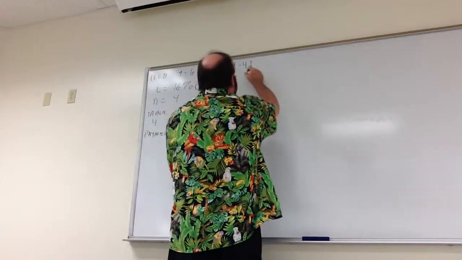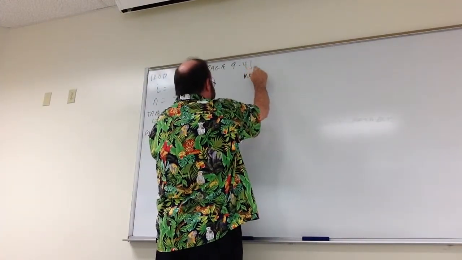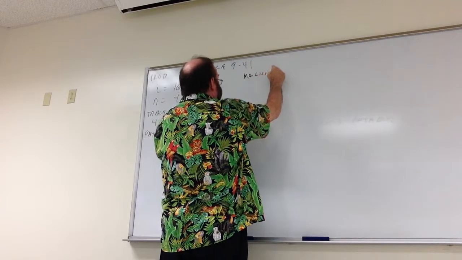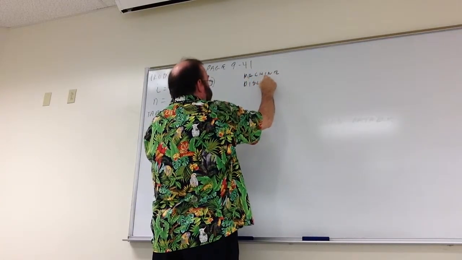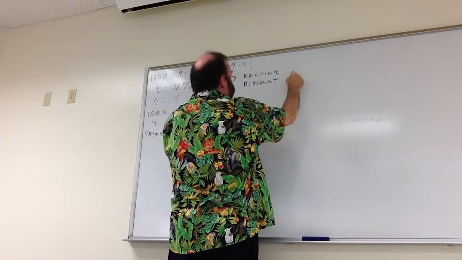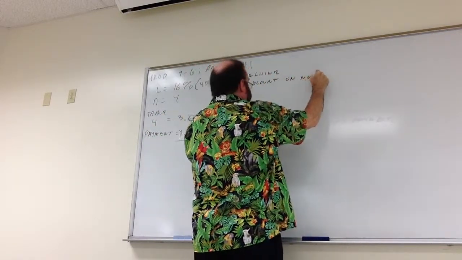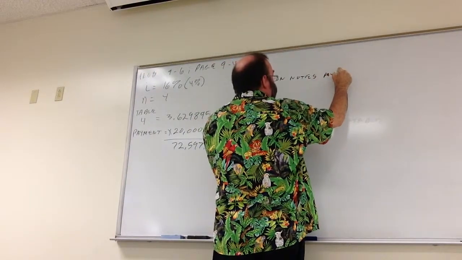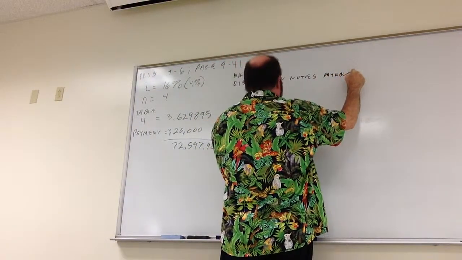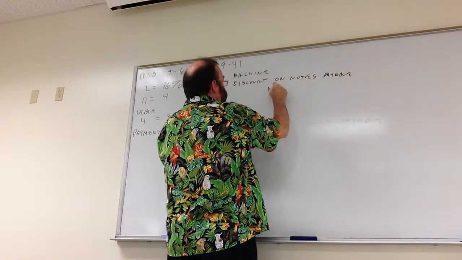So your debit is to machine and to discounts on notes payable. And then your credit is to notes payable.